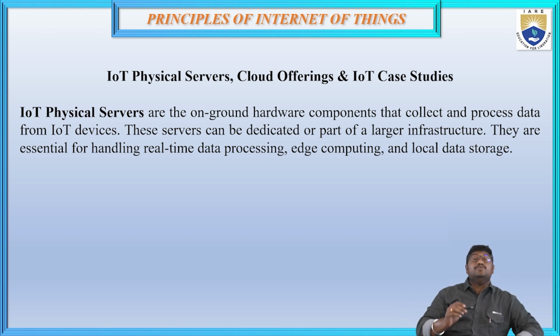Here the servers which are established are dedicated as a part of a large infrastructure. And these IoT physical servers are essential for handling real-time data processing, edge computing, and local data storage. This is about IoT physical servers.